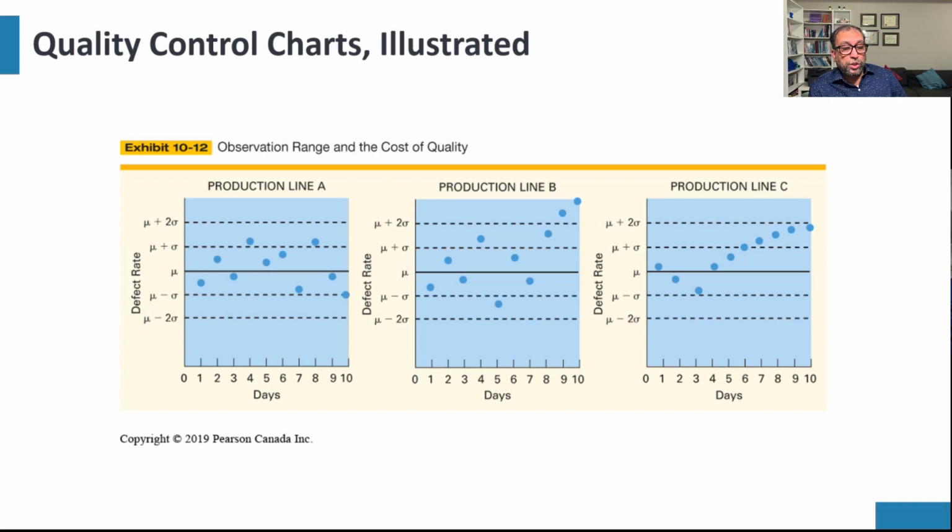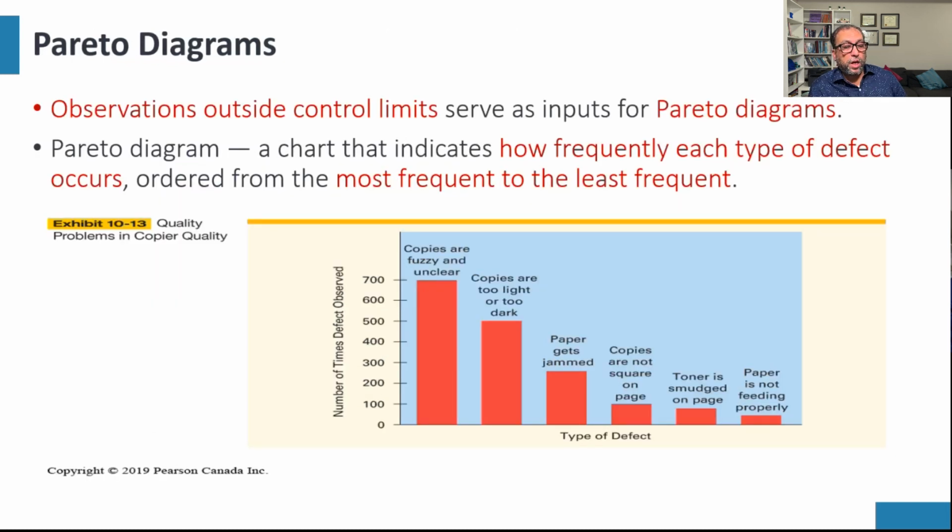This is production line A, and this is a daily observation. This is production line B observation, and this is production line C observation. So we see here in this case there is a particular phenomenon that the defect rates are increasing. So we have to go over this and see why they are happening.